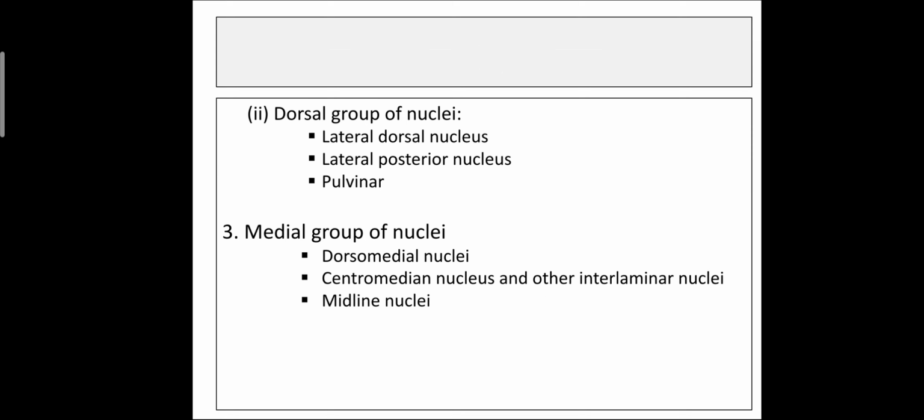Dorsal group of nuclei are the lateral dorsal nucleus, lateral posterior nucleus and pulvinar nucleus. Medial group of nuclei are the dorsomedial nucleus, centromedial nucleus, other interlaminar nuclei and midline nuclei.